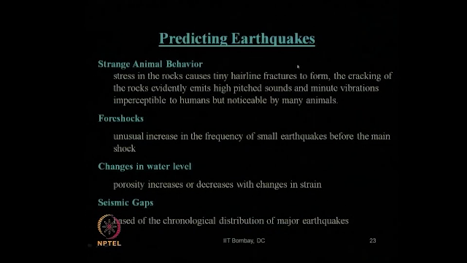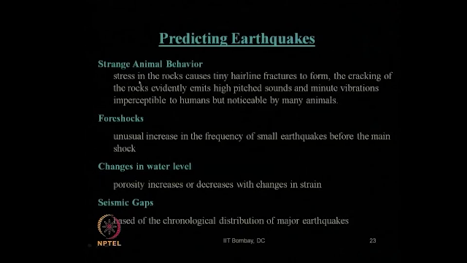So, let us look at what the common observations for predicting earthquakes are. There are some non-technical or non-scientific observations also, which I am going to mention. People say that through strange animal behavior, one can identify to some extent that some earthquake is going to occur.